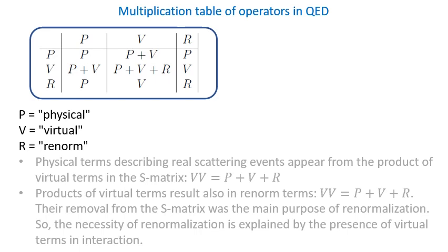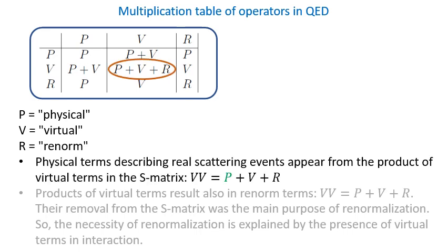Actually, it's not difficult to prove what the multiplication table of QED operators looks like. Here, letters P, V, and R stand for physical, virtual, and renorm operators correspondingly. For example, in the general case, the product of two virtual operators is a sum of physical, virtual, and renorm contributions.